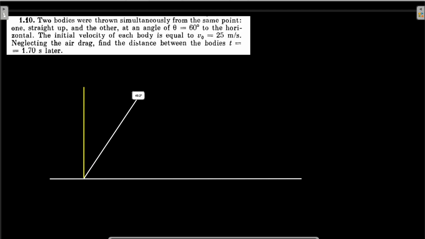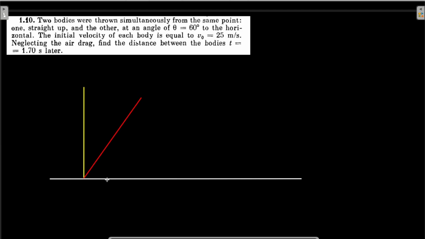We can't be precise here because it's not showing the angle properly. It's stopping after 28.7. Let's imagine this was the 60 degree angle. Let's draw with red only, sorry. We'll draw it using red because the initial velocity vector has to be in the same direction.